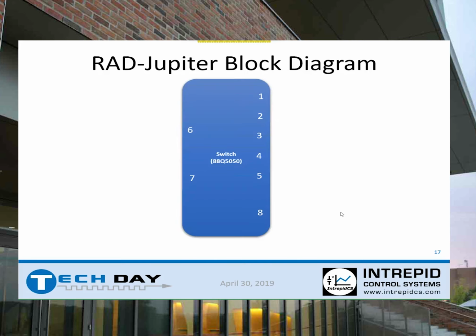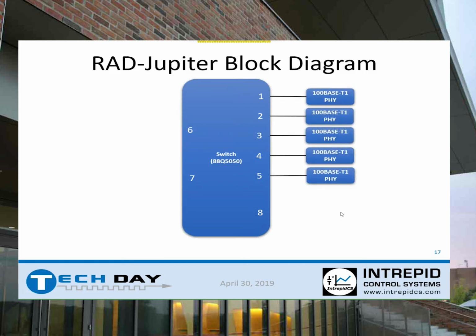Looking at its block diagram, it uses the Marvell 88Q5050 switch. It has 5 integrated 100 base T1 PHYs. Another port we muxed between 1000 base T and 1000 base T1, or two-wire Automotive Ethernet gigabit.